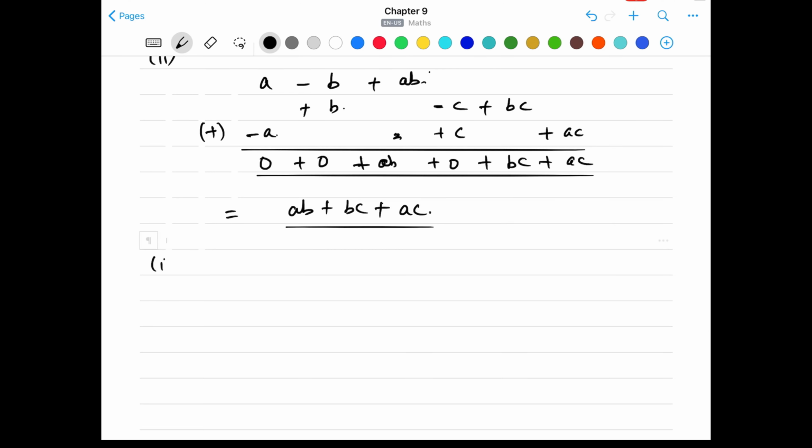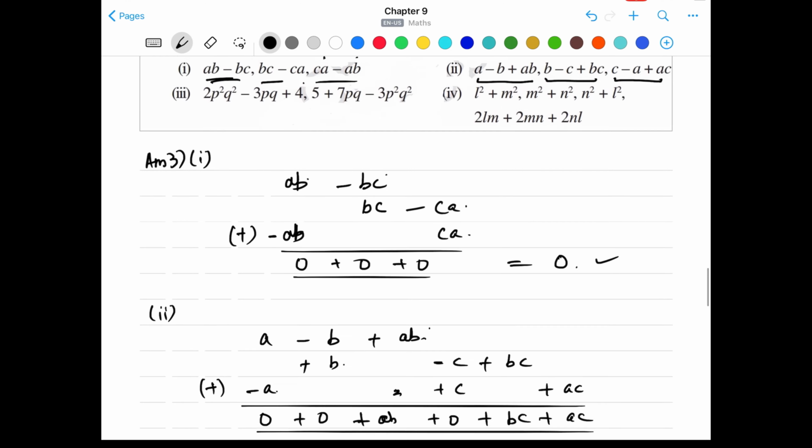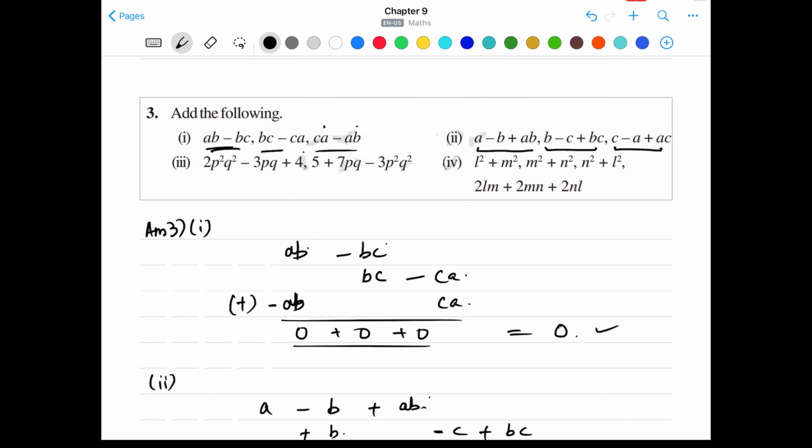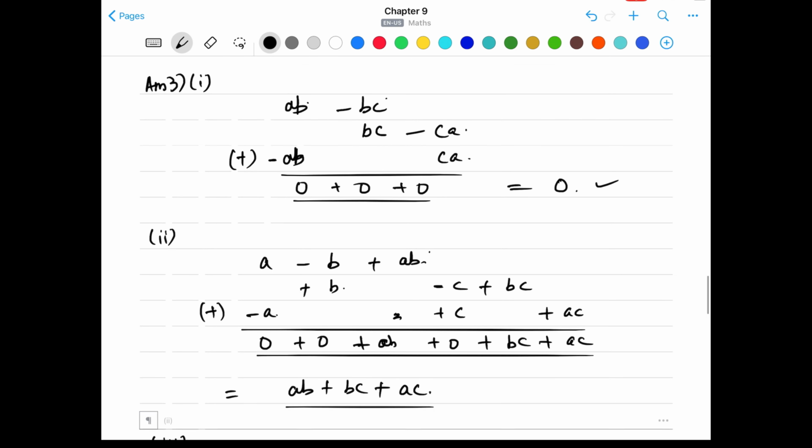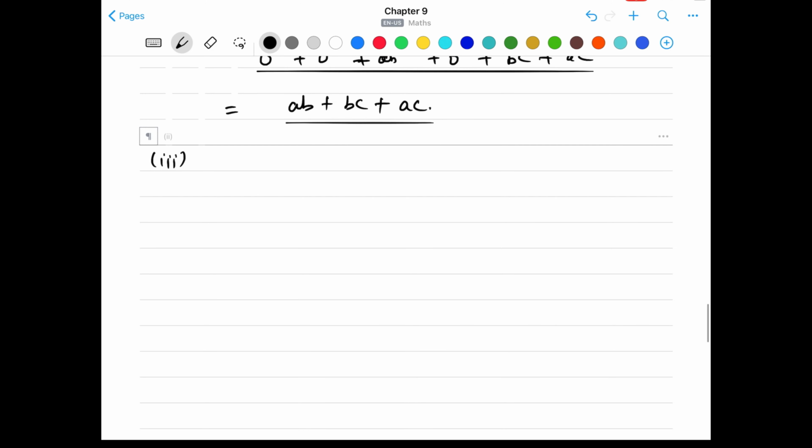Now let's see the part third. Now we have here again two terms. So we have 2p square q square minus 3pq plus 4 and 5 plus 7pq minus 3p square q square. So let's write the first term first. We have 2p square q square minus 3pq plus 4.